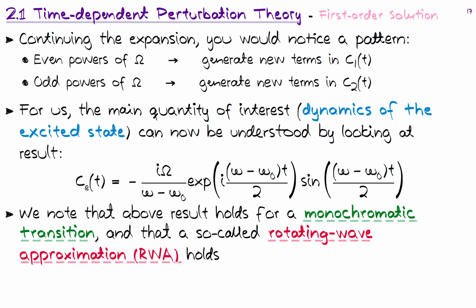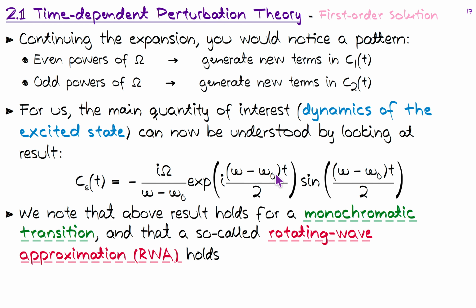This basically means that we are mostly interested in the dynamics of this frequency difference. We are in a kind of rotating coordinate system close to the omega or omega naught frequency.